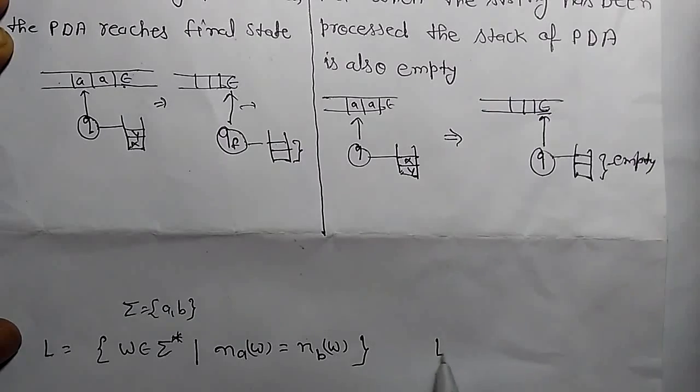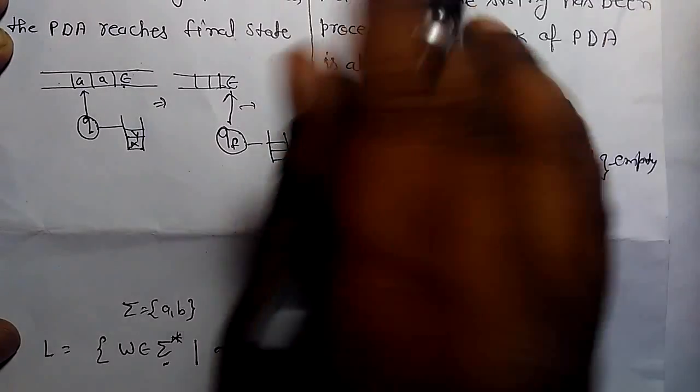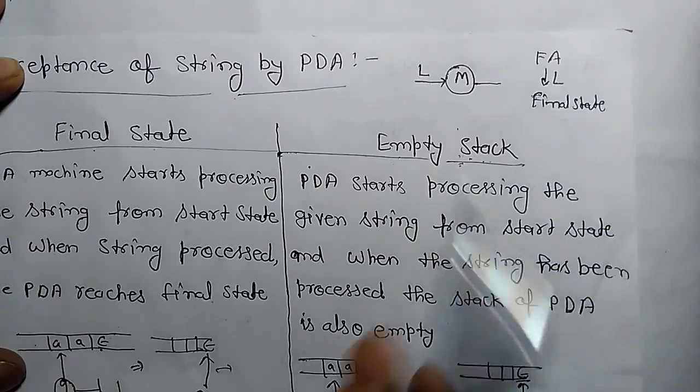It means you have to create a machine, or PDA, that accepts this language. There are two types of acceptance: final state acceptance and empty stack acceptance. This is important: when the stack should be empty.